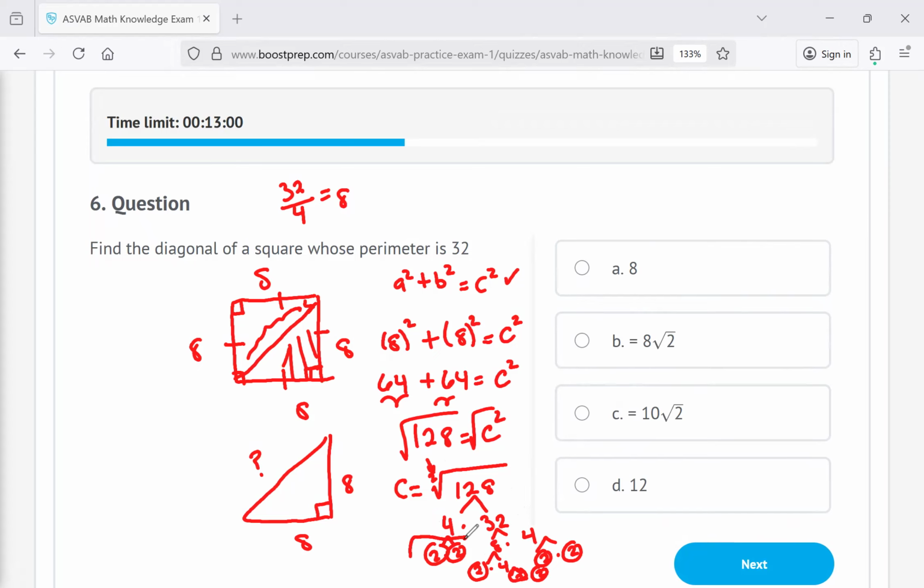So here we have a pair of 2, so that becomes 2, and you put it outside. Any other pairs? Yes, this is another pair. That 2 and 2 just becomes 2, put it outside. Then you have this other pair. That 2 and 2 just becomes 2. And then inside the radical is your leftover prime number, which is this extra 2. So when you put it all together, 2 times 2 times 2, that's 4 times 2, that's 8 radical 2.